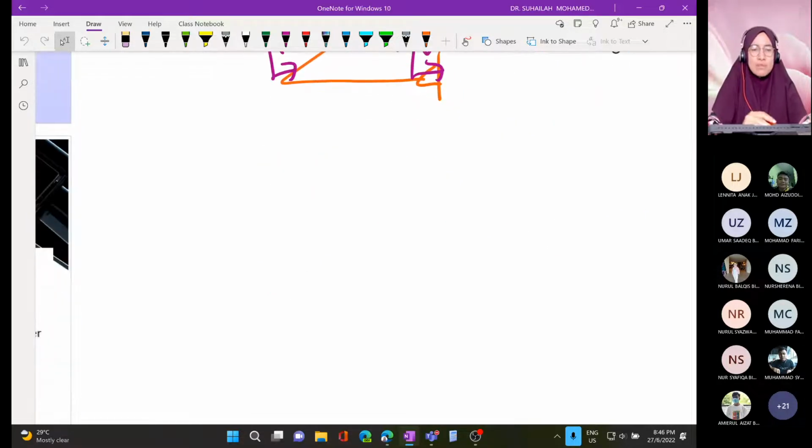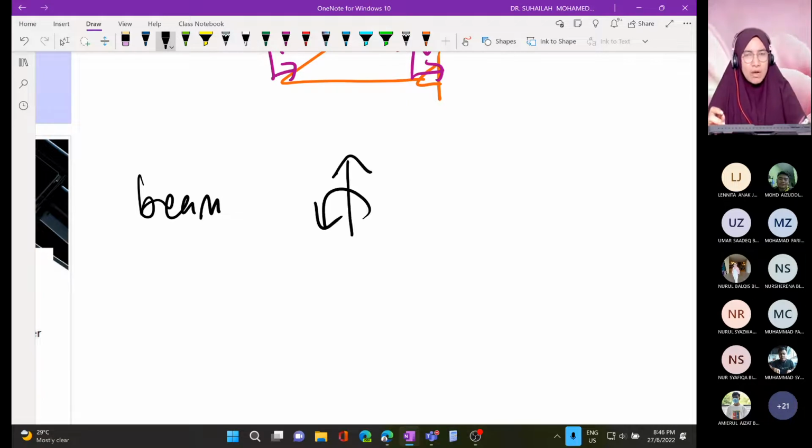What's the difference for beam? When we analyze a beam, we have to count the degree of freedom as 2, for the Y and Z components. This is the Y component, this is the Z component.